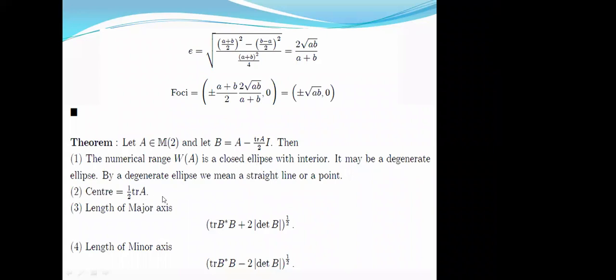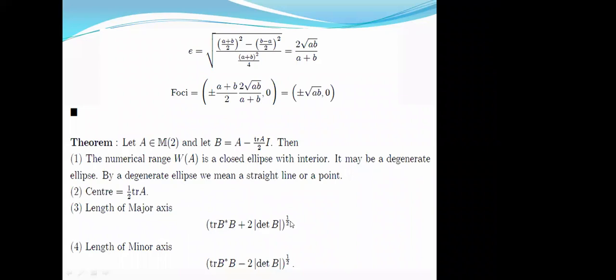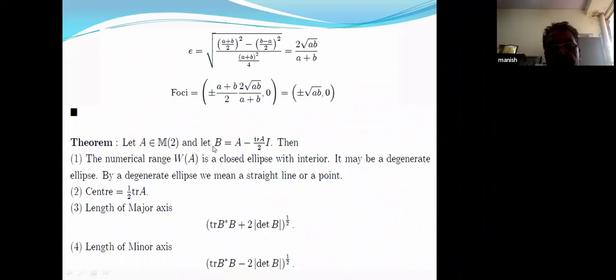The center is trace A by 2, and the length of the major axis is (trace B*B + 2|det P|)^(1/2), where P is this matrix. And the length of the minor axis is (trace B*B − 2|det P|)^(1/2).